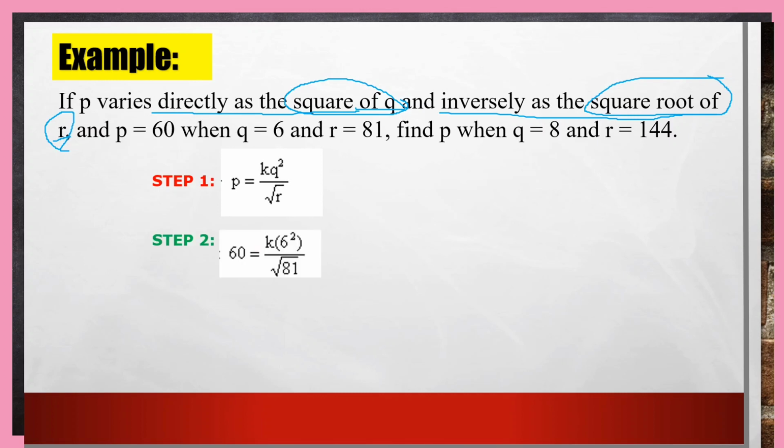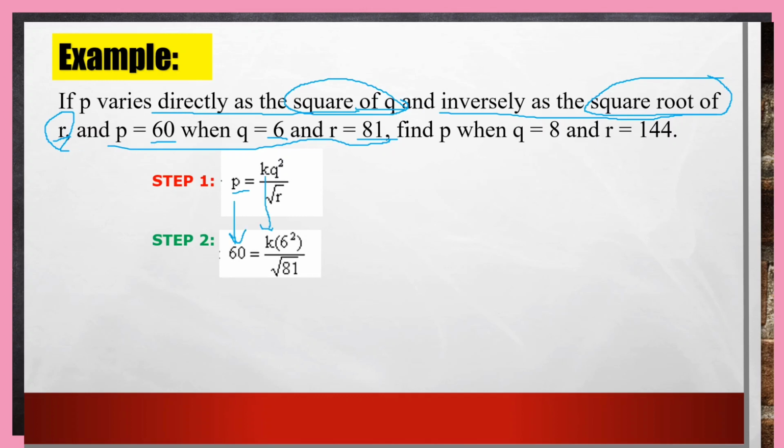For step 2, we have to substitute the first set: p equals 60, q is equal to 6, r is equal to 81. Let us substitute the value of p here, so we have 60.